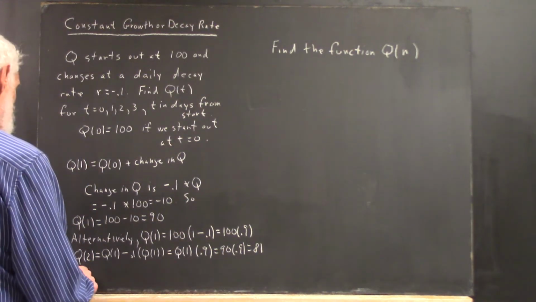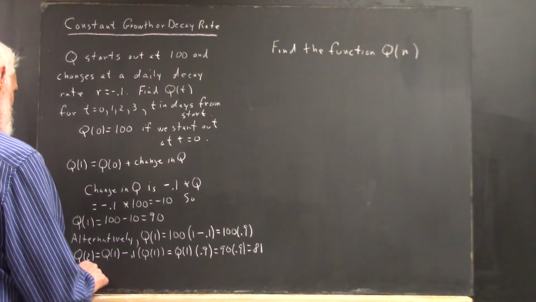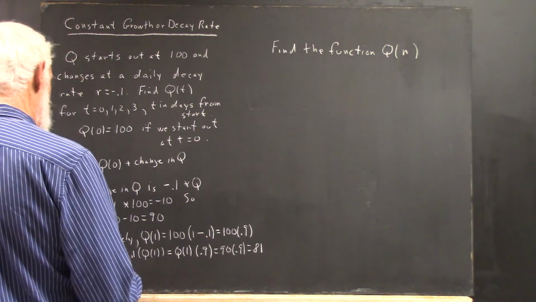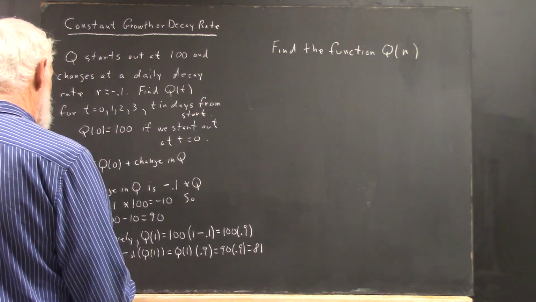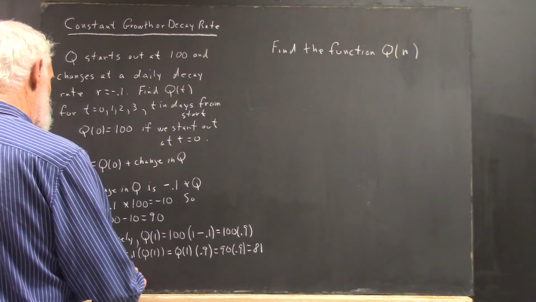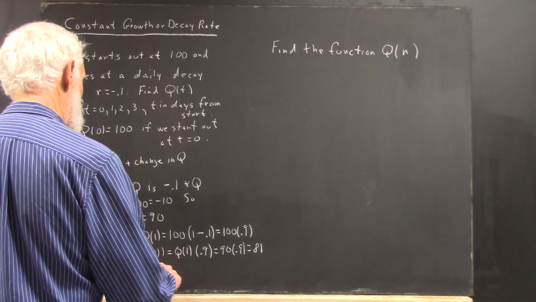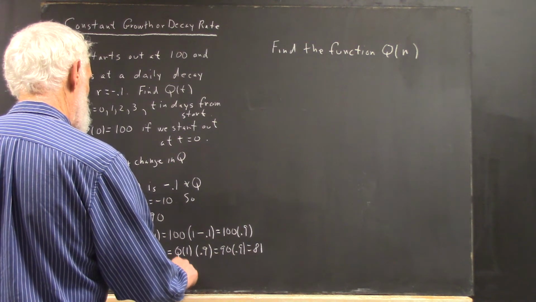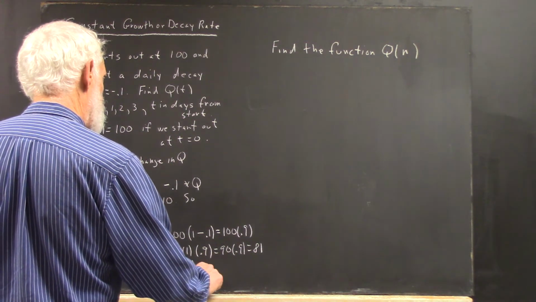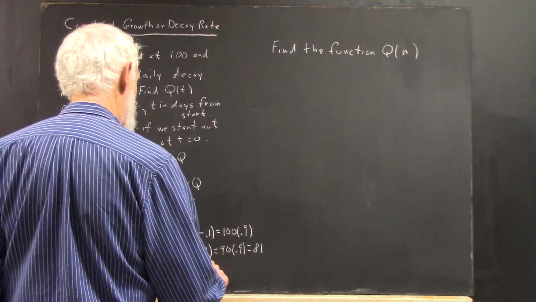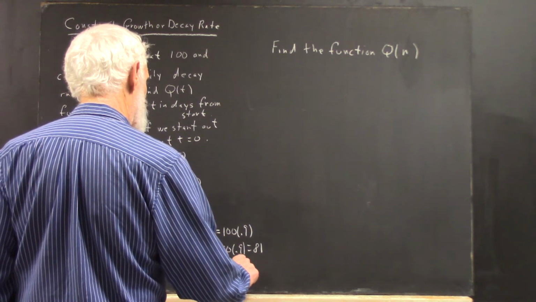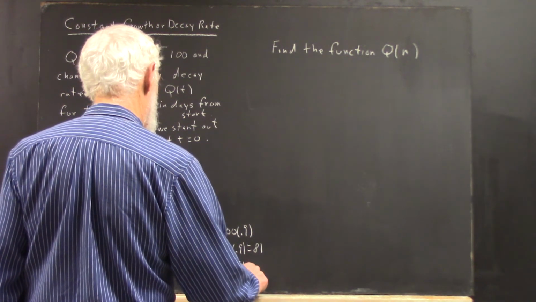Then Q of 3 equals Q of 2 minus 0.1 times Q of 2, but that just comes out to Q of 2 times 0.9, which equals 81 times 0.9, which is 72.9.